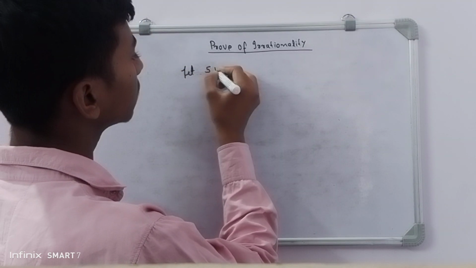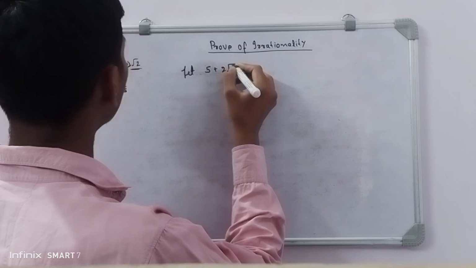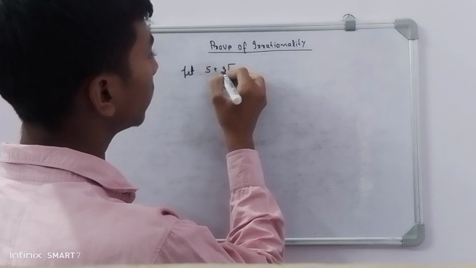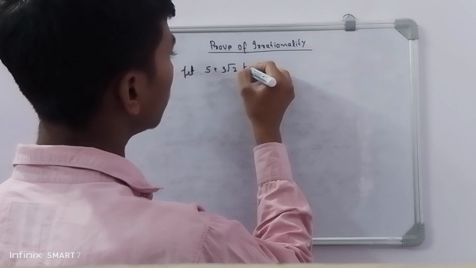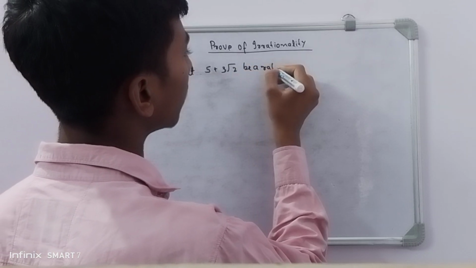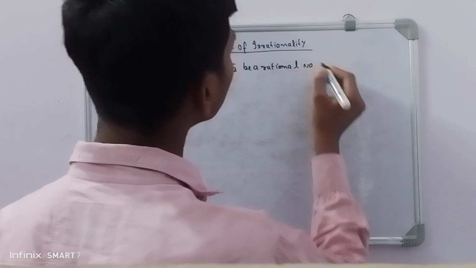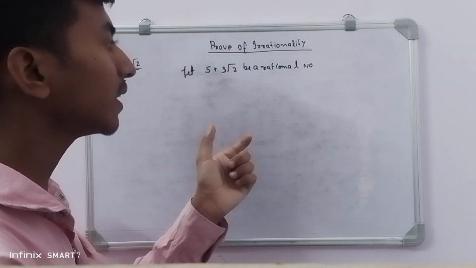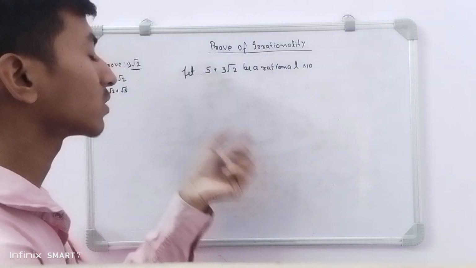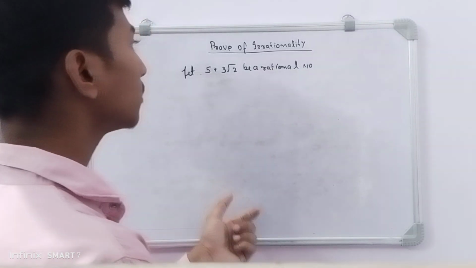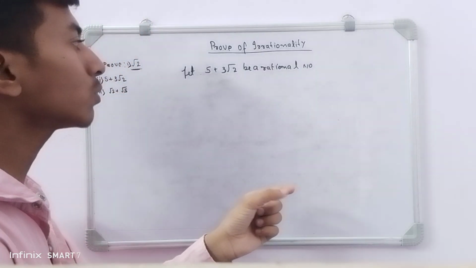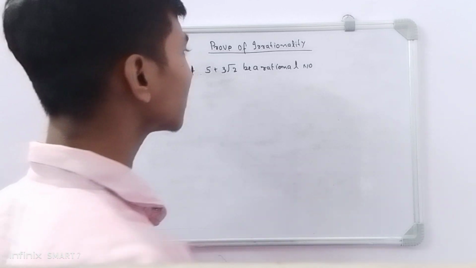So let 5 plus 2 root 3 be a rational number. When we say that it is a rational number, then all the conditions and criteria which a rational number satisfies, this number also satisfies. If the number is not able to satisfy them, then we will say that it is an irrational number.